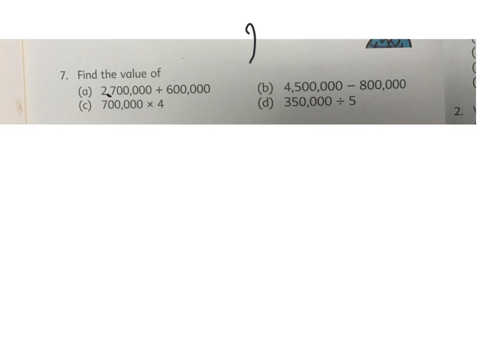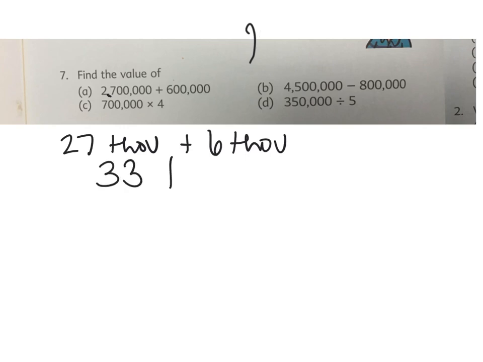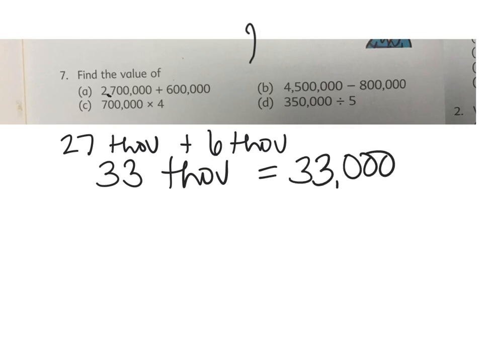Okay, so find the value of A. For A, like I said, I have 27 thousands plus 6 thousands. If I do that, I know that that is 33 thousands, or 33 thousand. So that was for A.